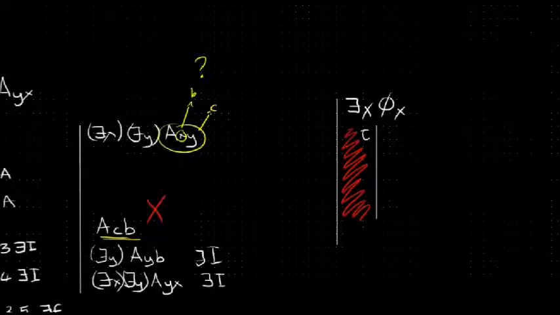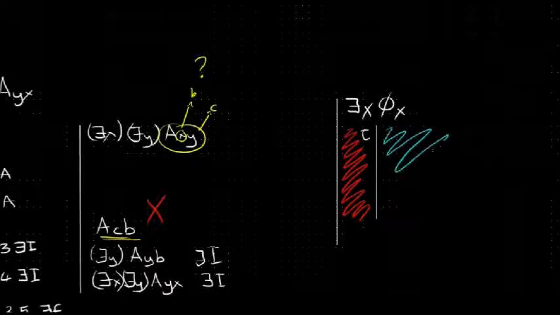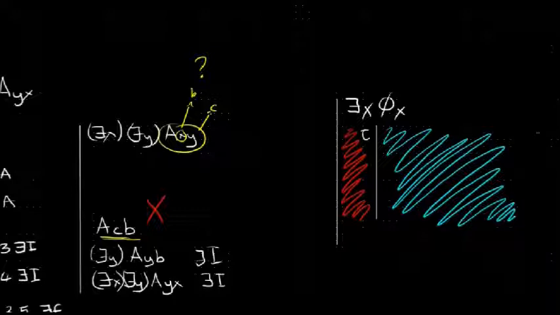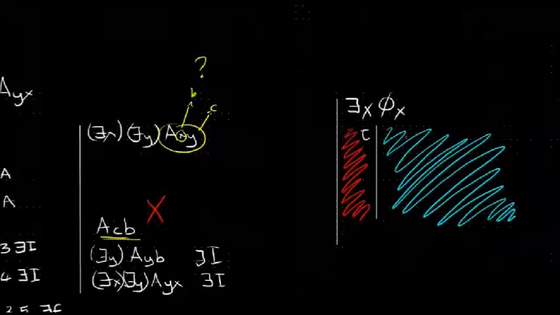It can't come that way. Tau can only be on this side. So just bear that in mind with parameters, that we can only have them on the right hand side of the bar that introduces them.